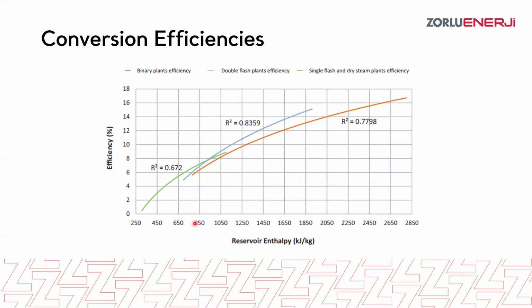Because as you can see in the lower section, we have better performance for the binary side, because as I said, in the lower sections, steam turbines tend to give poor performance compared to a low boiling point fluid, okay?